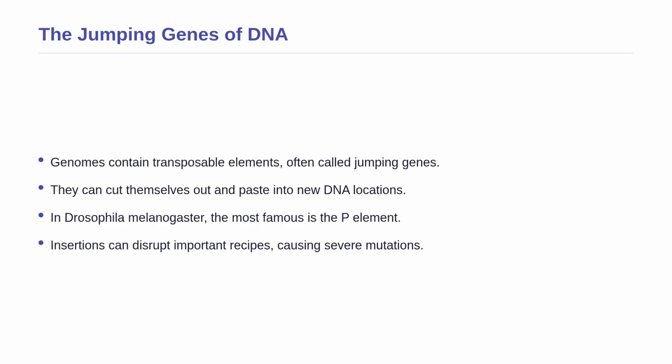In the fruit fly, Drosophila melanogaster, the most famous and well-studied of these is the P element. When these elements jump around, they can land right in the middle of an important genetic recipe. This physical disruption can ruin the instructions, leading to severe mutations or altering how nearby genes are expressed.